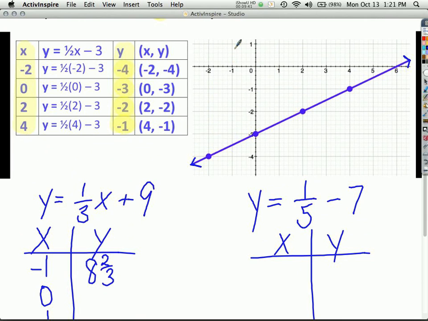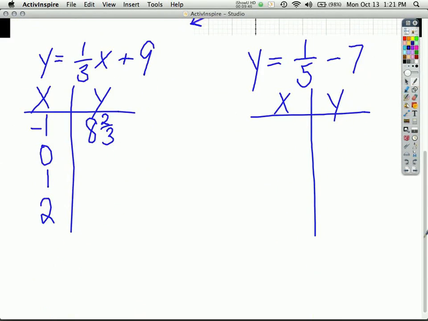I would have to estimate 2/3. And so my graph becomes inaccurate. 0 wouldn't be a big deal, but then the 1 would be 9 1/3, and then the 2 would be 9 2/3. And so now I have this very uncomfortable graph to make. So don't do that. Stick with numbers that will make your life easier.